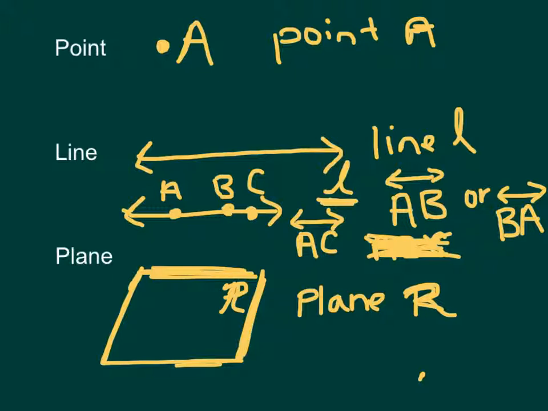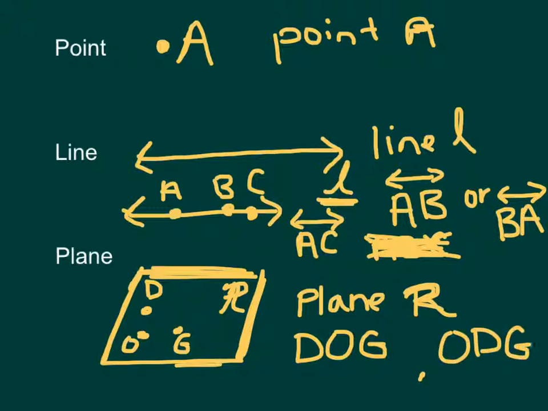Another way that you can name a plane is using 3 points. Okay, so we got 3 points right here. So we could call this plane DOG. Now, you can scramble those letters if you want. You don't have to put it in that order. You can call it ODG.